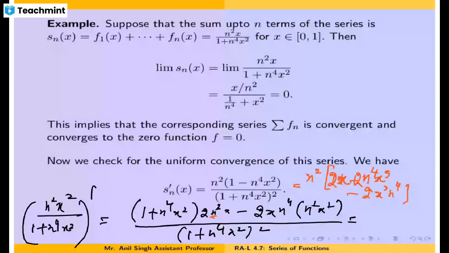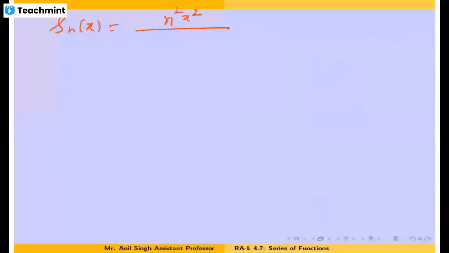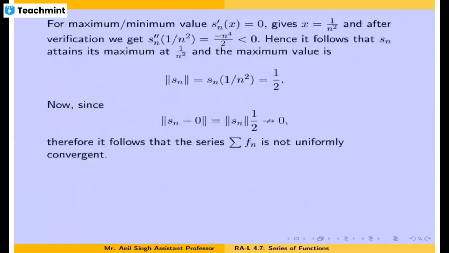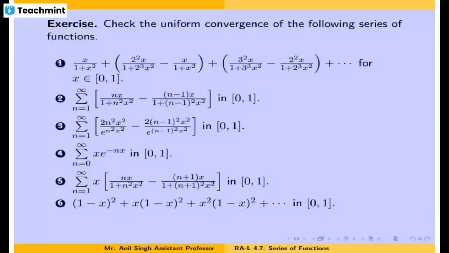Sorry, there is no extra n square; it is n square x only. In the denominator you have x square, so it is x square.